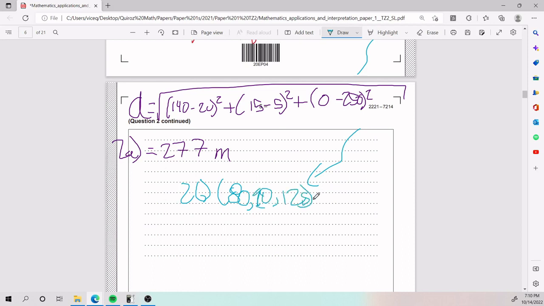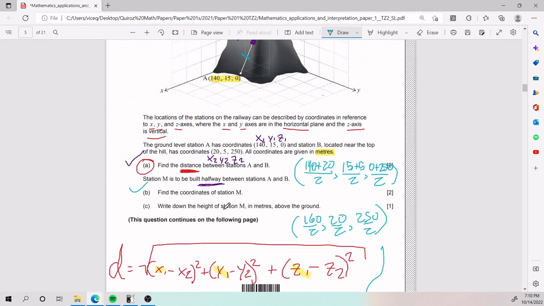So that is the equation we use. That is part B. For part C, we need to write down the height of station M in meters above the ground. And so part C is relatively easy.